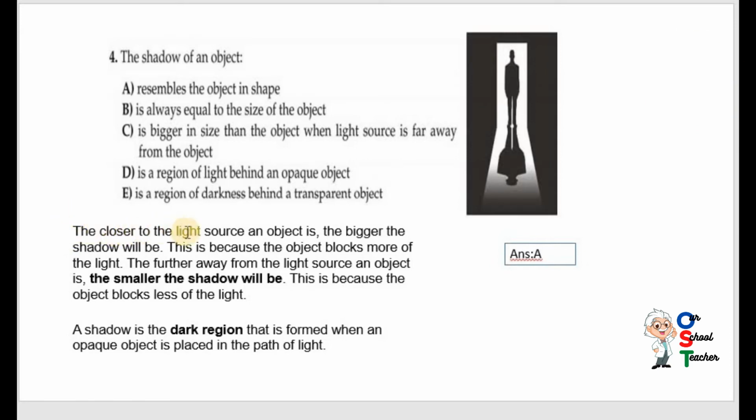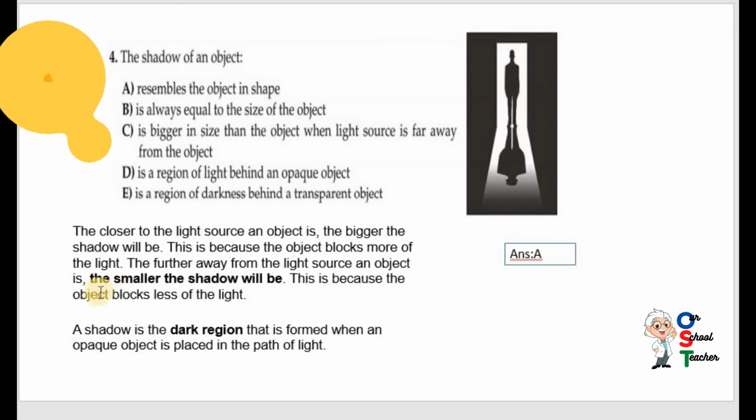The closer to the light source an object is, the bigger the shadow will be. Option B is always equal to the size of the object. C is bigger in size than the object when the light source is far away. No. The closer to the light source an object is, the bigger the shadow will be. This is because the object blocks more of the light. The further away from the light source an object is, the smaller the shadow will be.